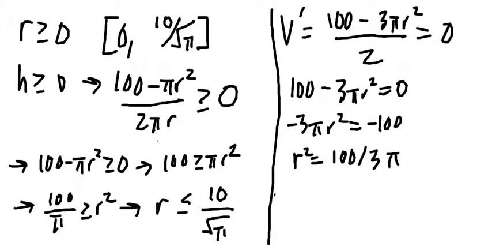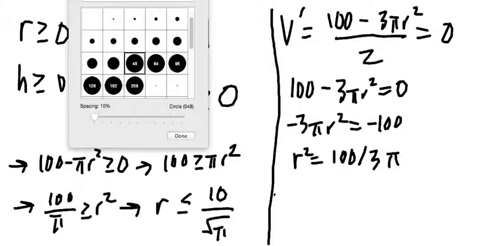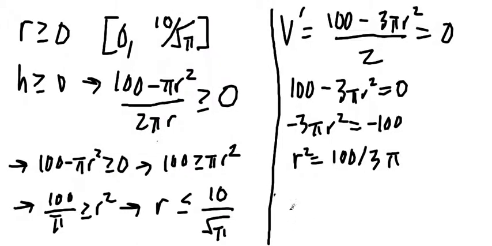So when I take the positive square root, I get r is equal to 10 over the square root of 3 pi. We should be careful to make sure that this is actually in this interval, but it is, because since 3 pi is bigger than pi, dividing by root 3 pi gives us a smaller number than dividing by root pi.